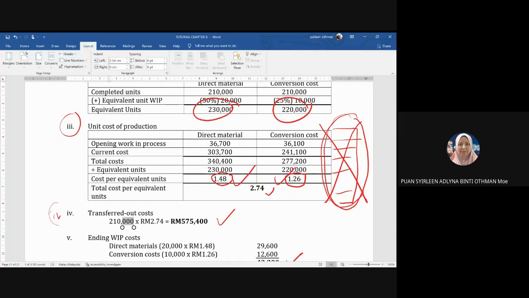So walaupun dalam nota kamu ada part 1, part 2, part 3 dalam satu table yang sama, tapi bila diminta dalam soalan part 1, part 2, part 3 tu another part, you need to separate dan masukkan dia dalam jawapan yang sepatutnya. You don't have to combine. Okay, tu baru teknik menjawab soalan yang betul.